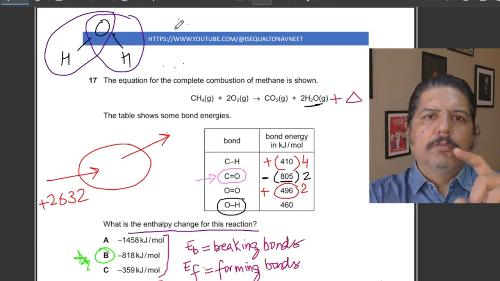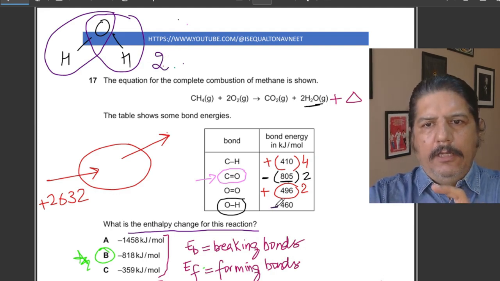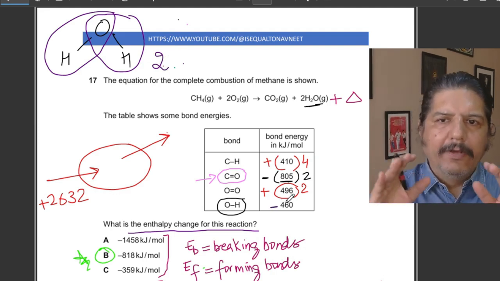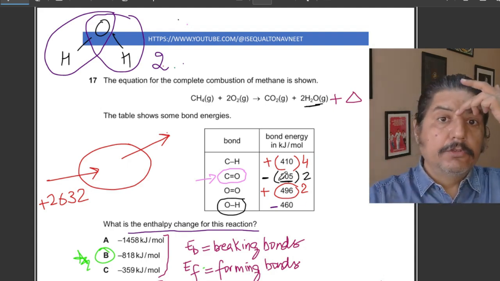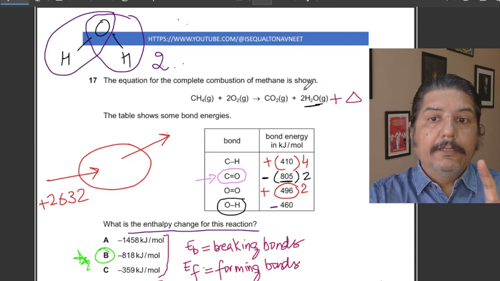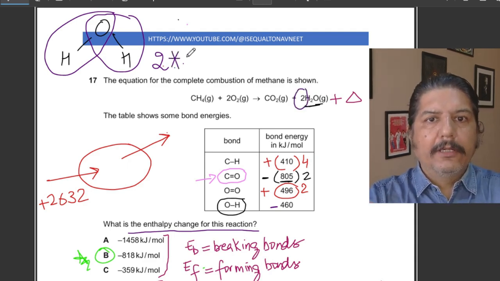So each H2O molecule has two O-H bonds. When energy is released, a negative sign is used. But then there are two moles of H2O, so this has to be multiplied by 2. And the whole has to be multiplied by minus 460.